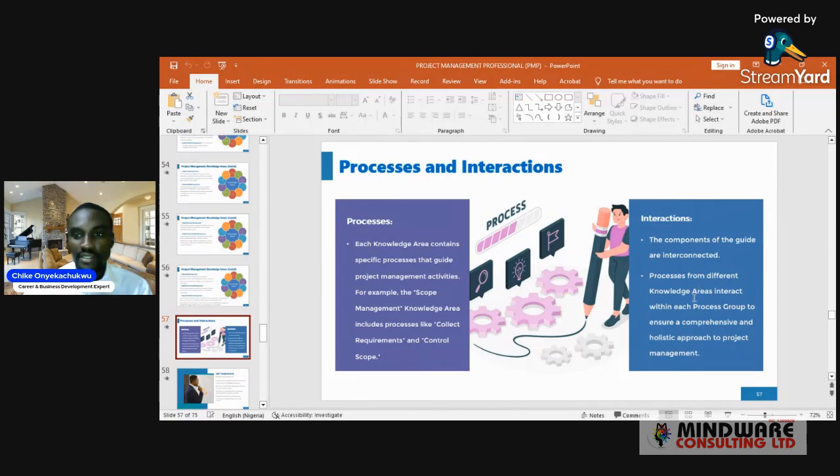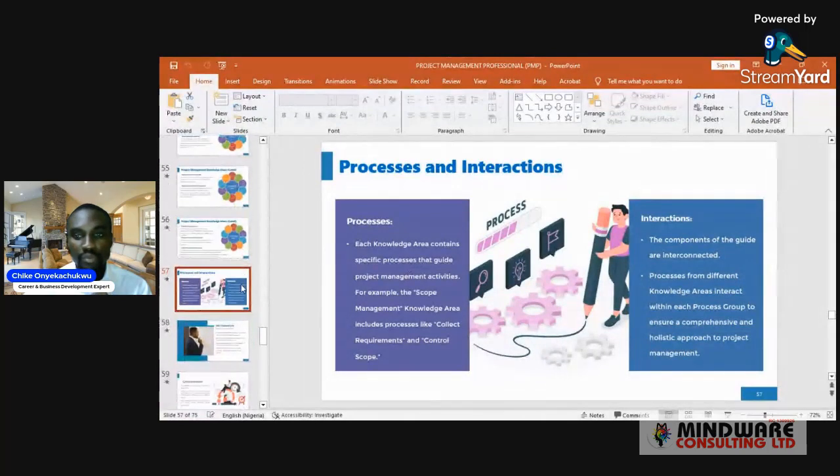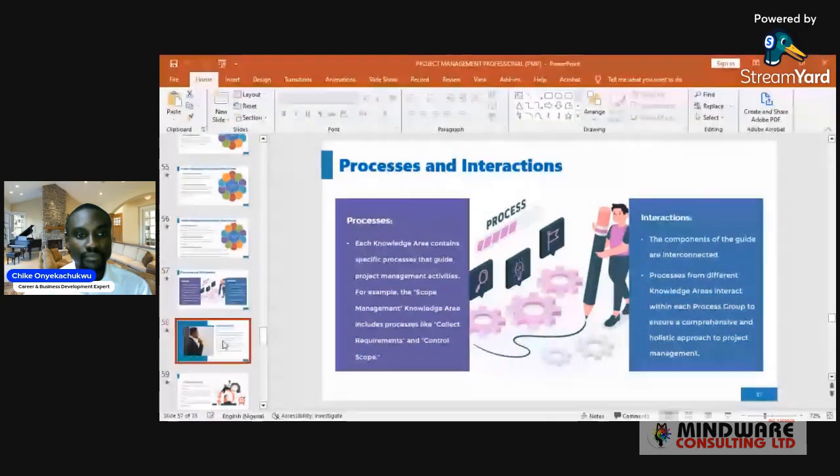And processes from different knowledge areas interact for a holistic approach to project management. So within each knowledge area, we have processes, right? And they interact with one another to give you a holistic project management at the end of the day.